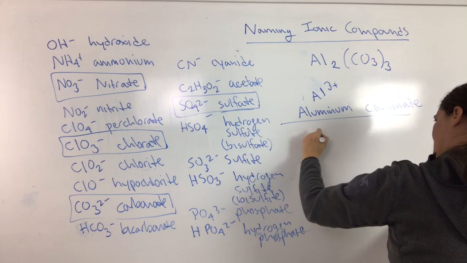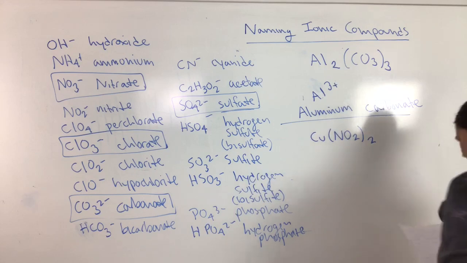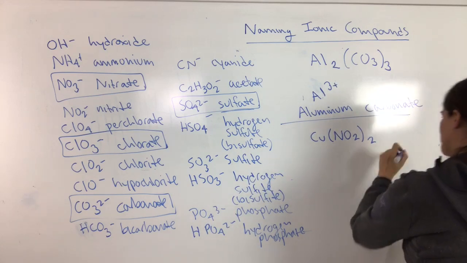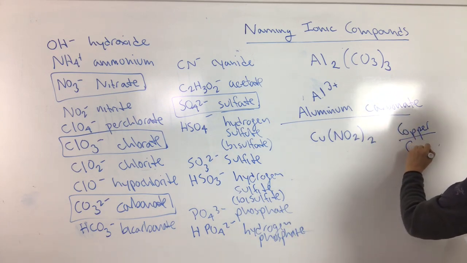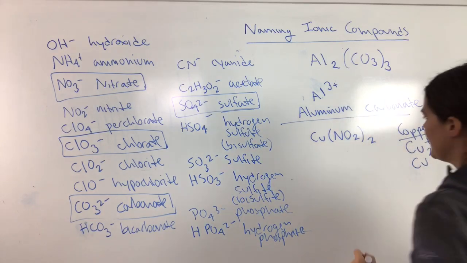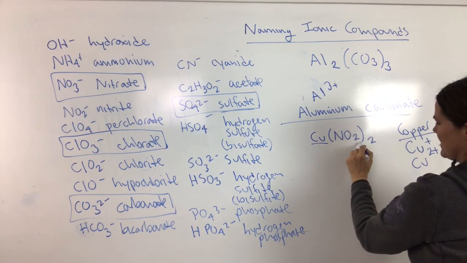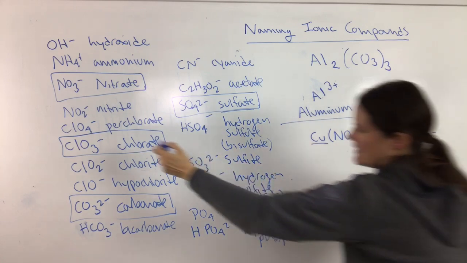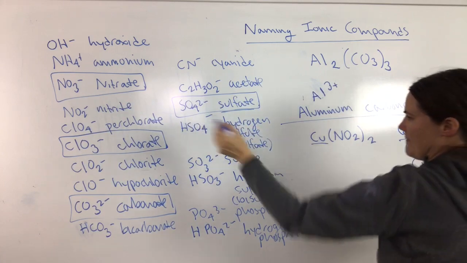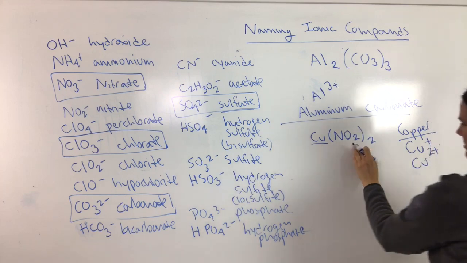Now let's look at copper, and then we have (NO2)2. So first of all, we know that copper can form more than one ion. Copper can form a 1+ ion or a 2+ ion. And so the way to figure out the charge that we have on copper is we need to figure out the charge on what we know. So we know that this is the nitrite ion, and we know that it has a -1 charge, and we know that we have 2 of them.